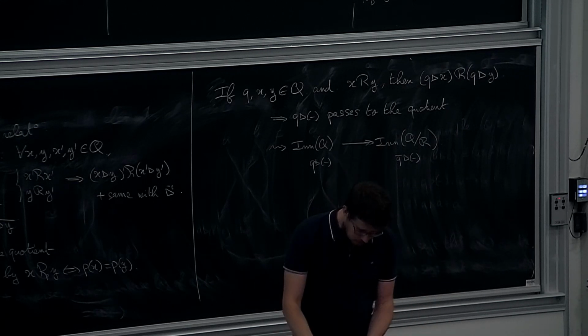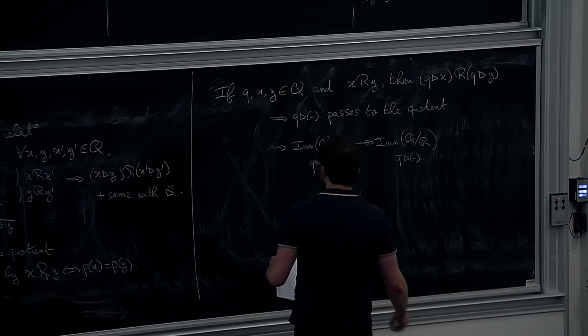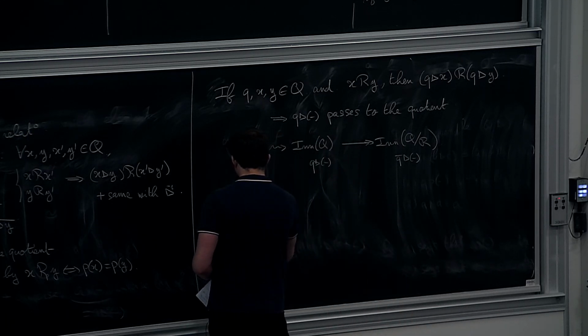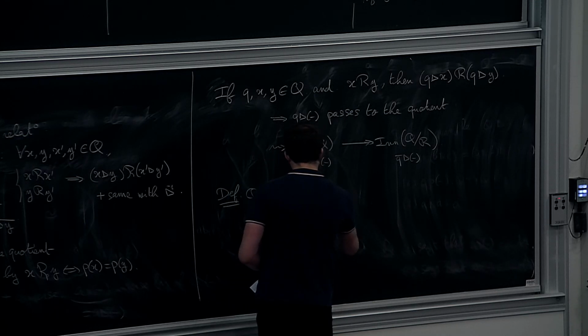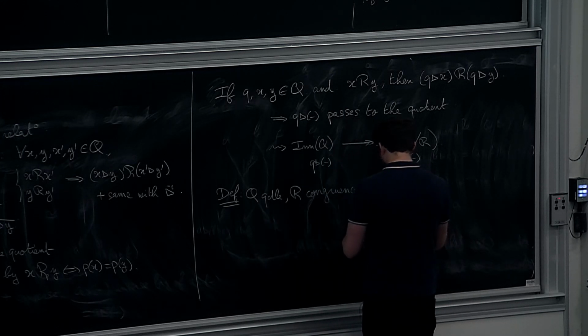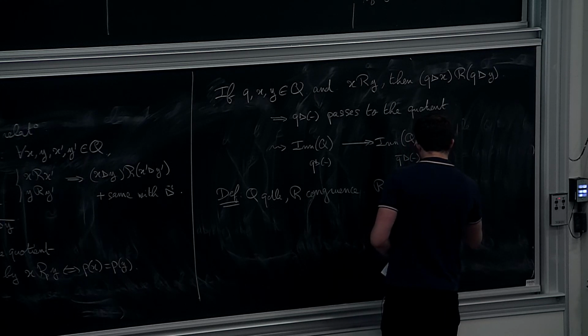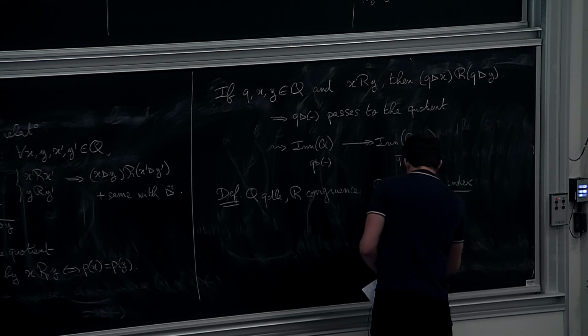And so we want to deal with profinite completions. So, definition: Q is a quandle, R still a congruence. Then R is of finite index if the quotient is finite.